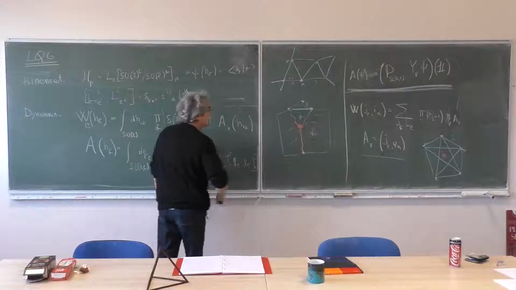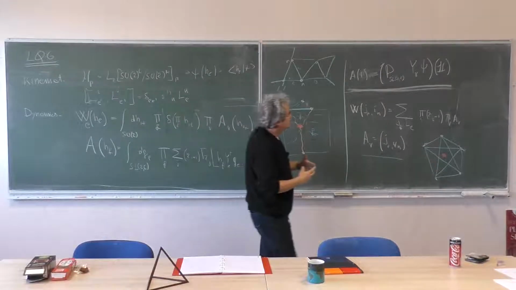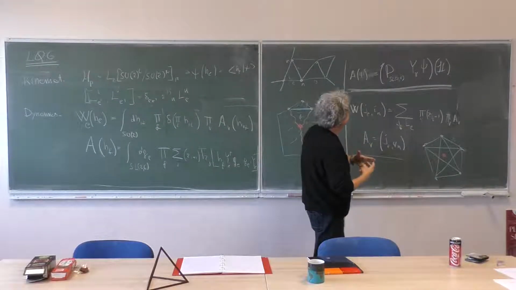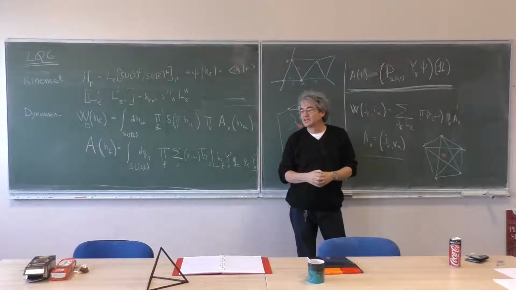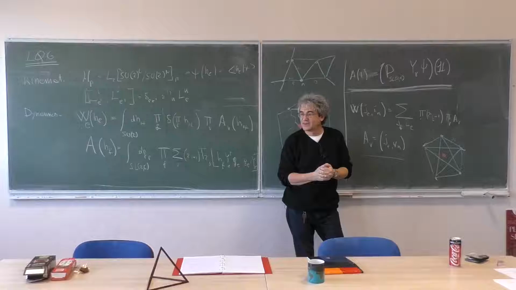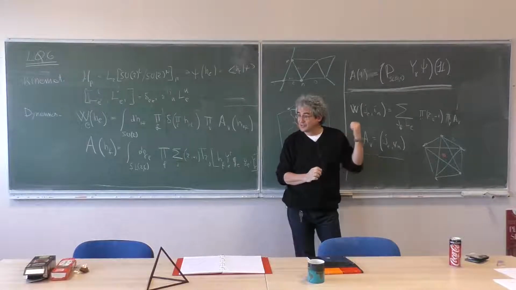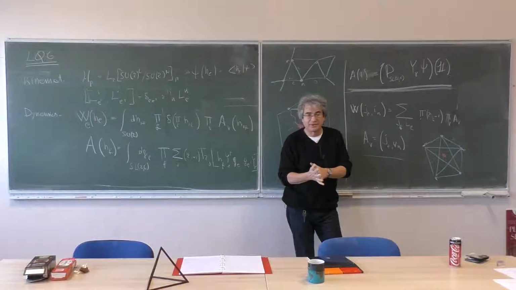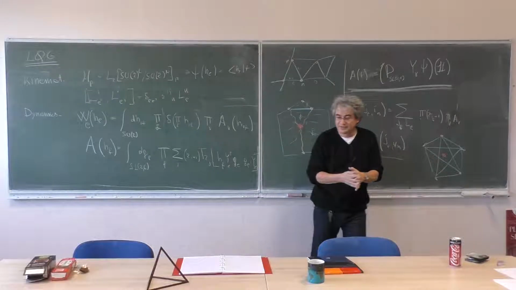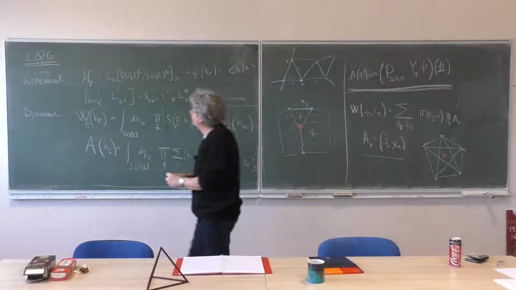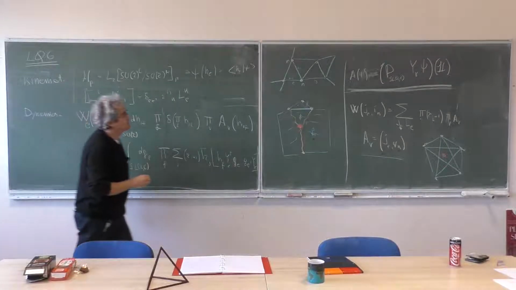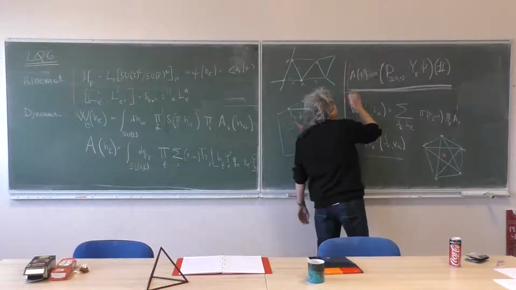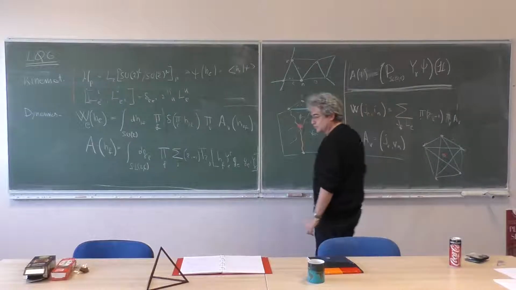In a sense, the core of the amplitude is: take SU2 spin networks, map them to SL2C spin networks, make them SL2C invariant, compute the amplitude. This is going to give the Einstein-Hilbert action in some limit. So you can think that the full theory is given by these two equations and this nice, pretty equation here. That's the core of the theory.